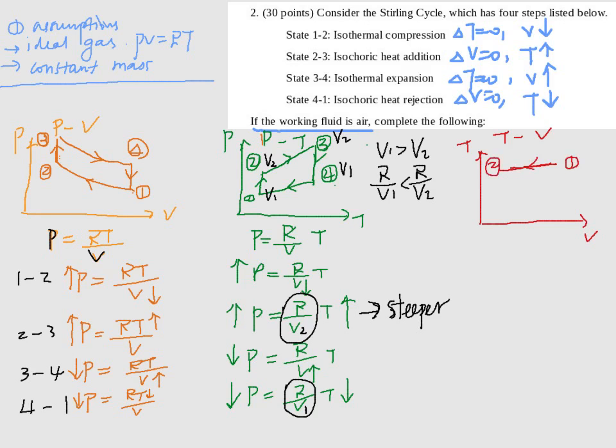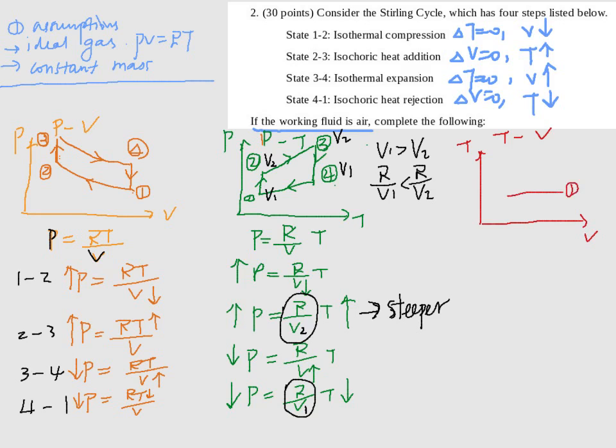State 2 to 3, the volume is constant this time. So that's telling us it's a vertical line. Since the temperature is increasing, we're going to go up. Actually, I'm going to move this entire graph a little bit downwards, otherwise I can't fit this in. So let's start with this.